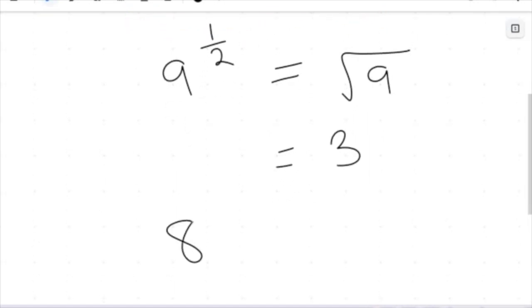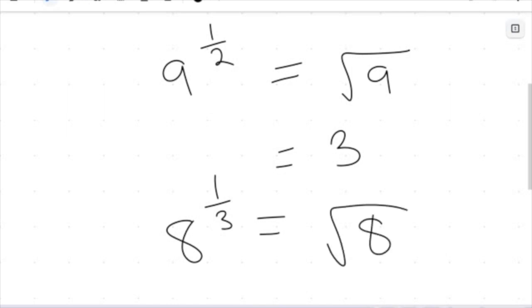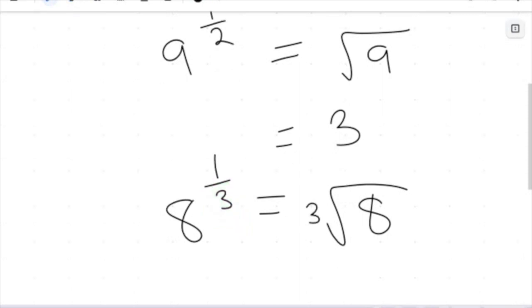We also did stuff like this. For example, if we had 8 to the power of a third, well, I can write that as a root of 8, and the type of root we're taking depends on the denominator. So this is going to be the cubed root of 8.